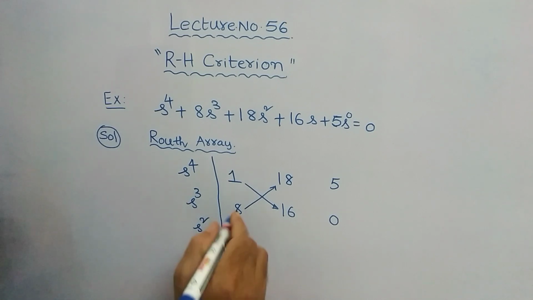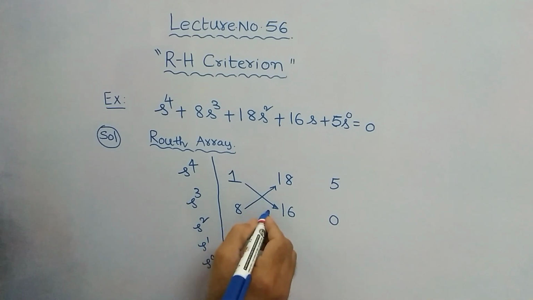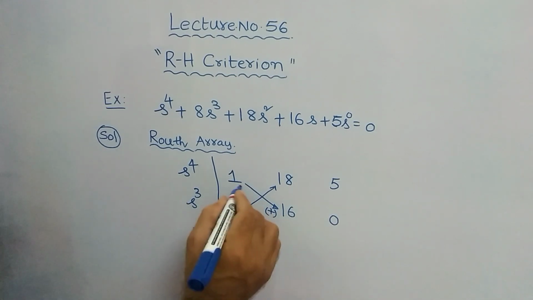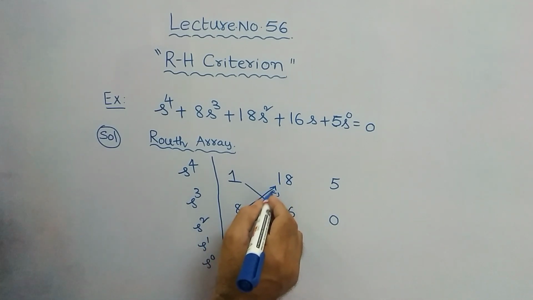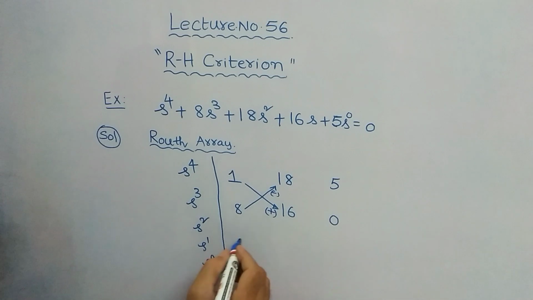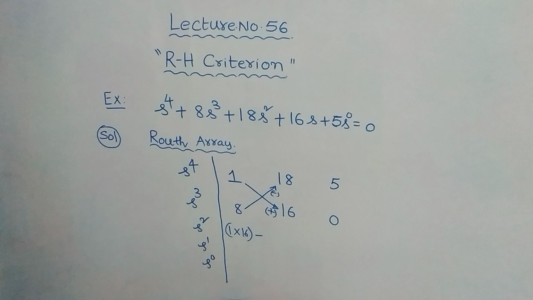For this s square, the value will be 1 into 16, with a plus sign, and then 8 into 18, which you must consider as minus.